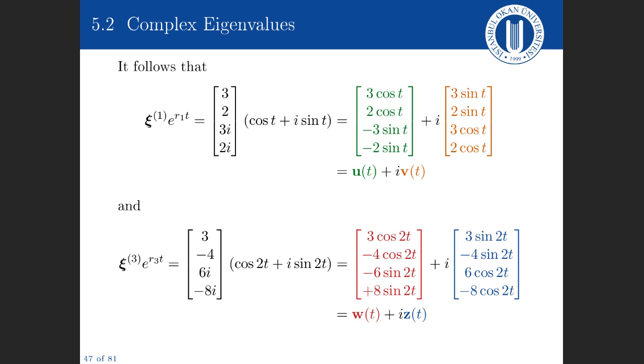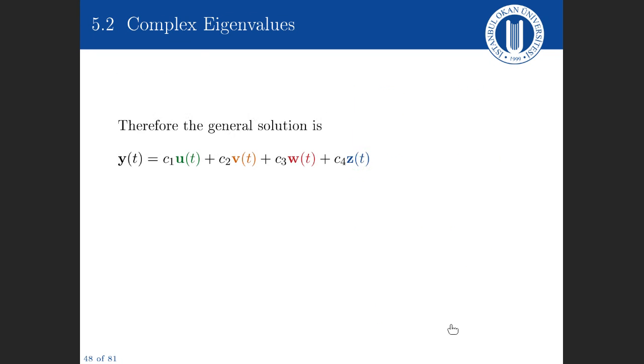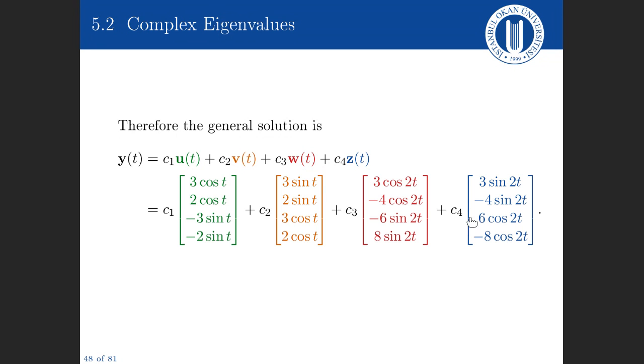Using r3 and xi3, we get a red function and a blue function. These 4 colored functions are the functions that we want for our fundamental set of solutions. And then the general solution is going to be c1u plus c2v plus c3w plus c4z. Or substituting everything in, the solution looks like this.